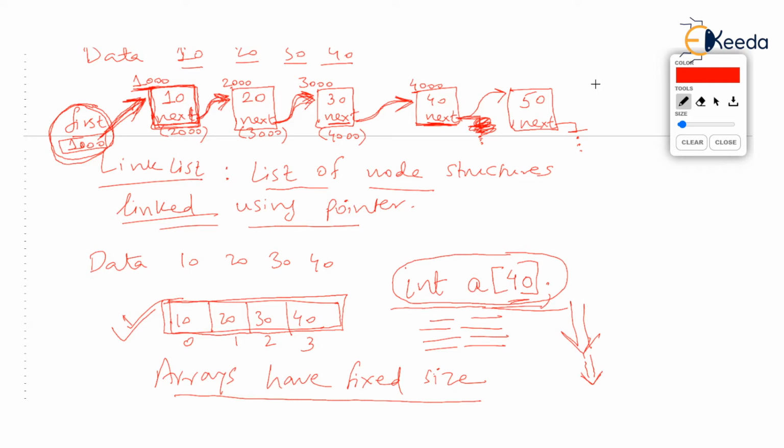But as far as array and linked list are concerned, a linked list can grow in size, isn't it? Like if I have one more node, so what? I will allocate space for a node using malloc, store the data, ask the next pointer to become null, 60's next is null, but ask 50's next to point to 60. So this can so easily increase in size, isn't it?